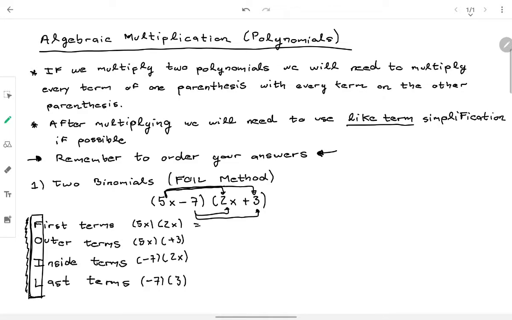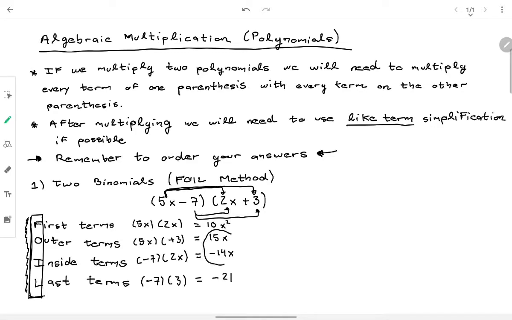So in this case, we will get 5 times 2 is 10. x and x multiplied will be x squared. 5x multiplied by 3 will be 15x. Minus 7 multiplied by 2 will be minus 14x. Then we will have minus 7 multiplied by 3, it will be minus 21.